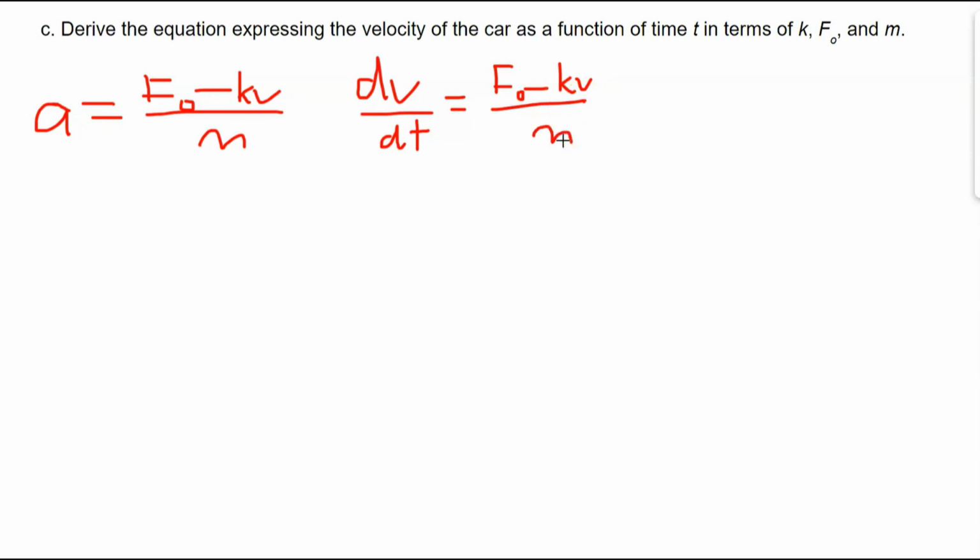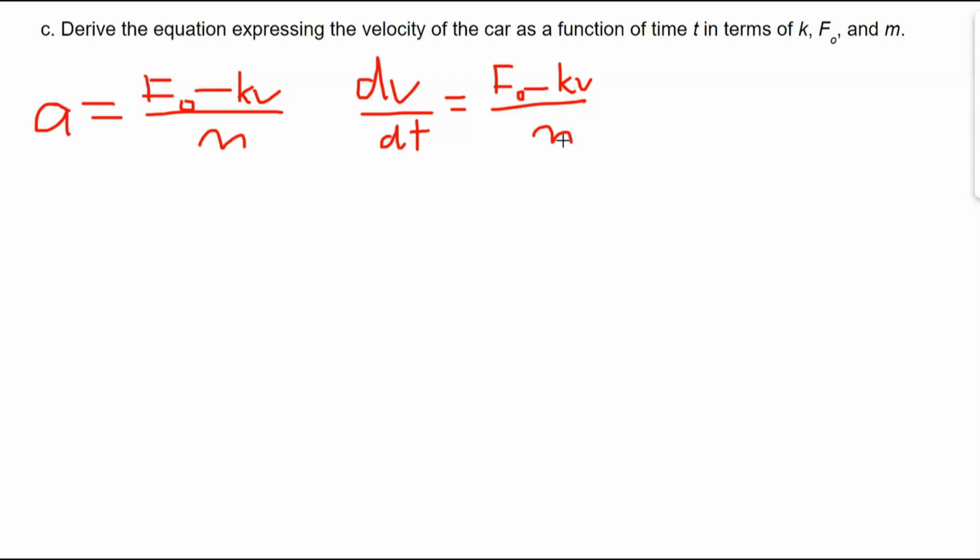And now, you may guess, we have to use separation of variables in order to get an expression for v as a function of time. So we're going to have to make it so that all the v's are on one side while the dt is on the other side.